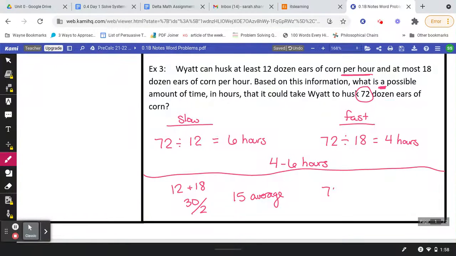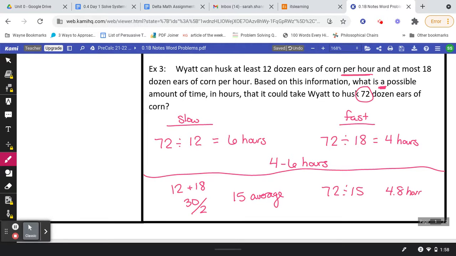And then you could do 72 divided by 15, which should give you 4.8 hours. So anywhere in the region of 4, 5, 6, any of those answers are going to be great.